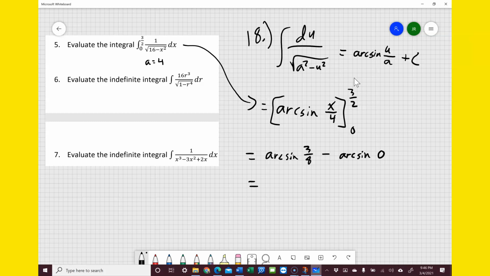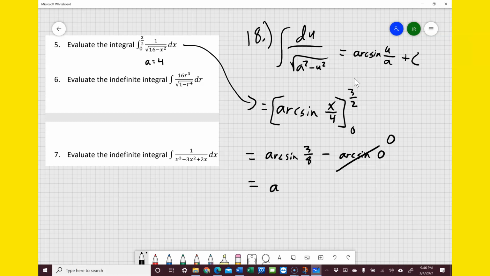Let me go over here and do arc sine of 0 real quick. The angle whose sine is 0 would be 0 or pi, but let's just say 0. It's got to be between negative pi over 2 and pi over 2. Right. If you limit the domain to that, then it would be 0.